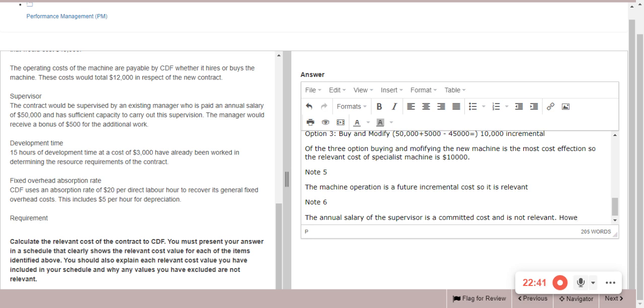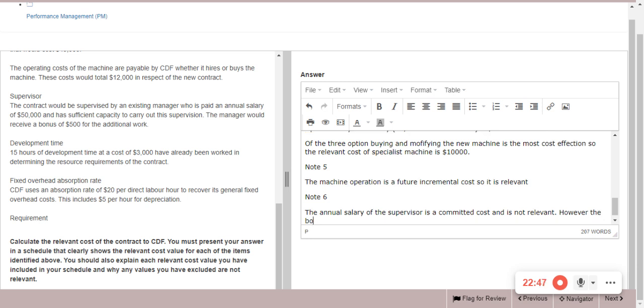However, the bonus specific to the project is relevant because this is a future incremental cost.